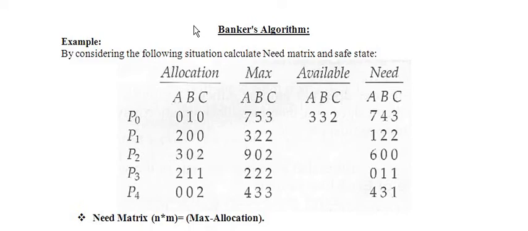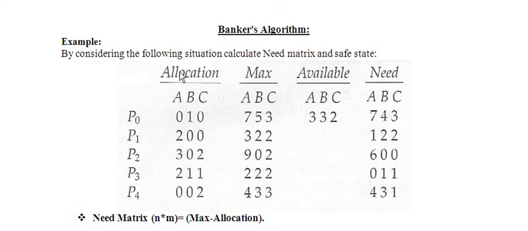So let us understand Banker's algorithm straight away with an example, which will help us understand it in a better way. The example says: by considering the following situation, calculate the need matrix and safe state. Right now, don't concentrate on this matrix which we have to calculate; I will tell you.